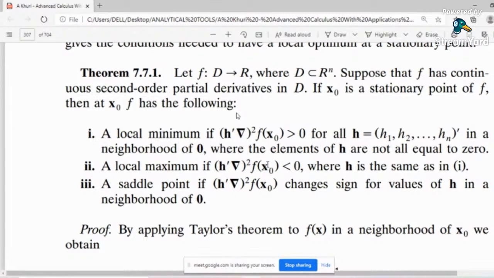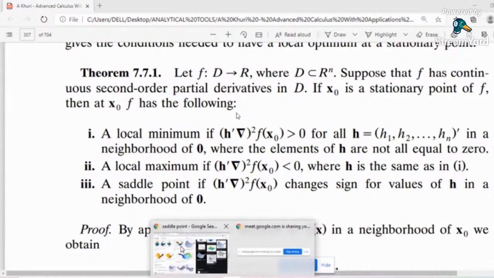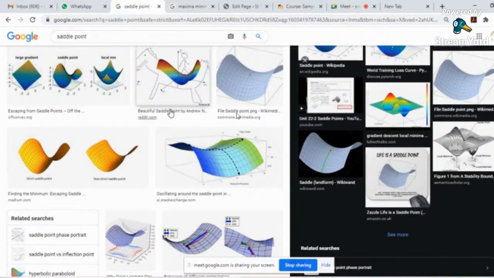The point x naught is a local minimum if h prime del square f of x naught is greater than 0, like we have seen in this figure.